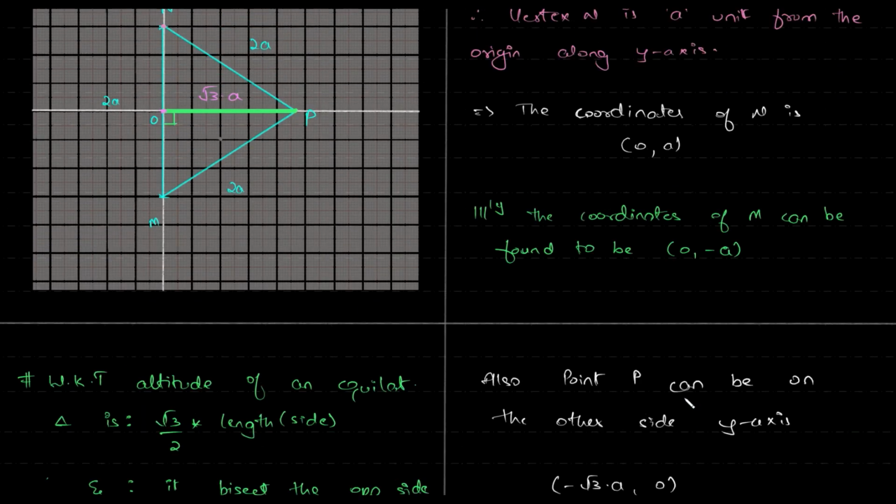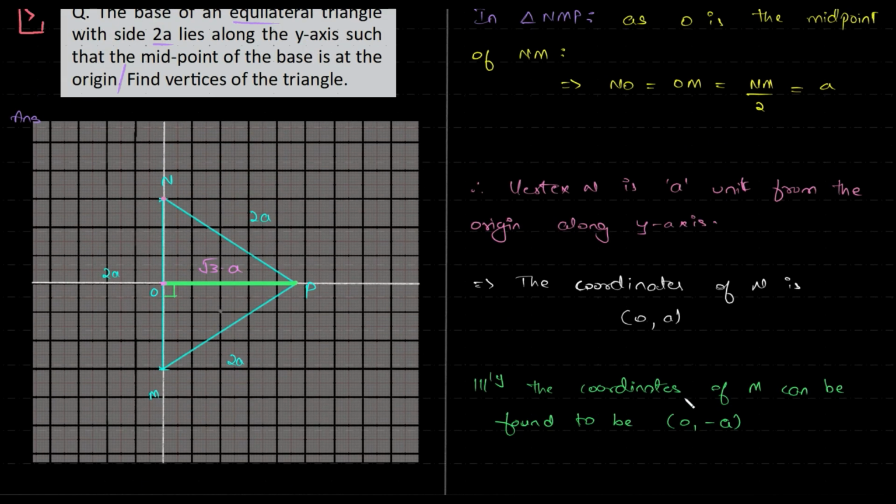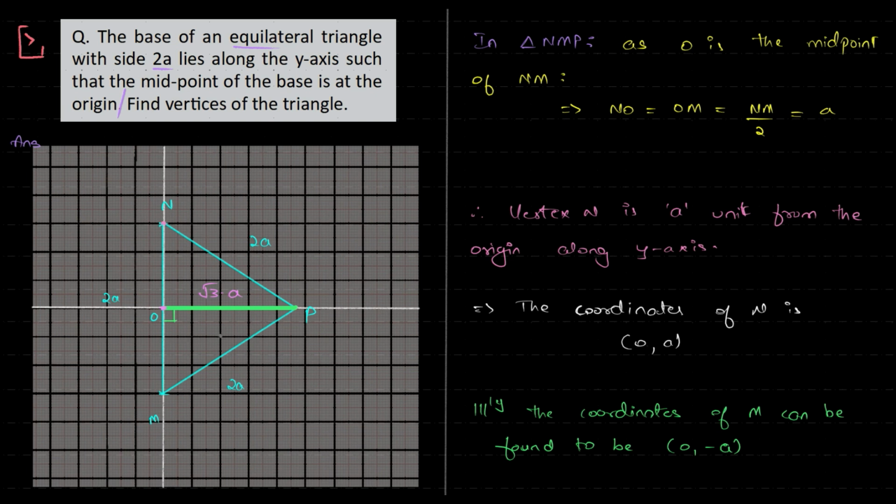Right? So that would be your answer. There are two possibilities. So understanding that is very important because they're not given which side it has to be on. It can be the right side or the left side. Right? So this would be your answer.